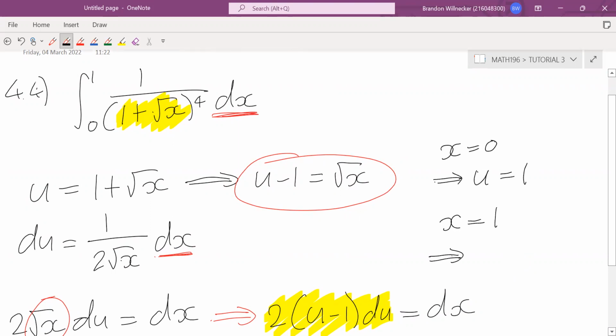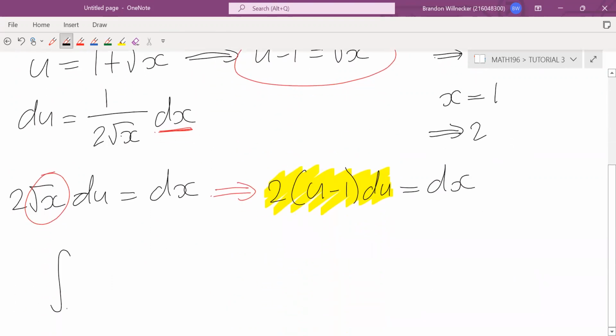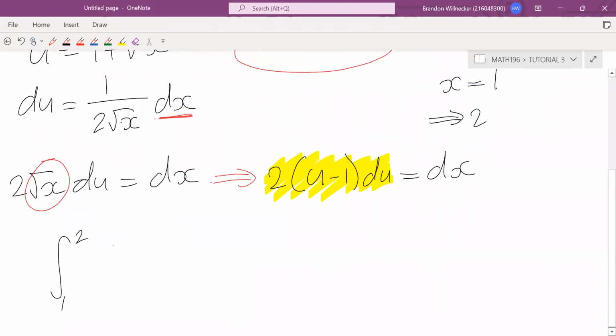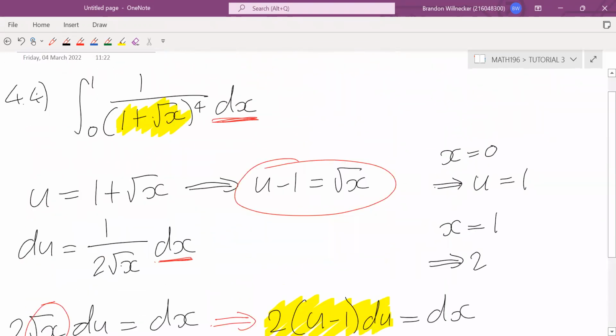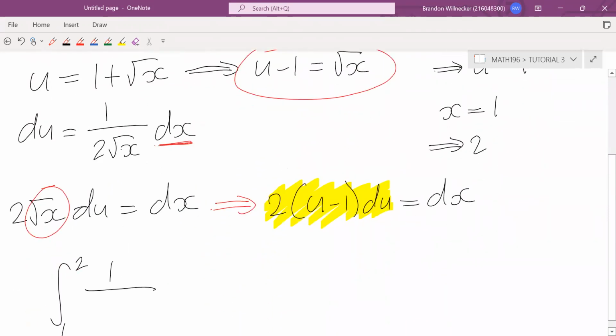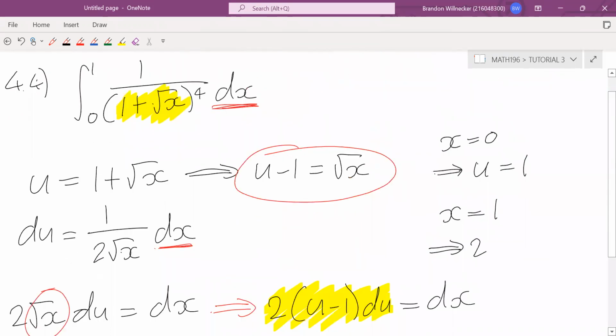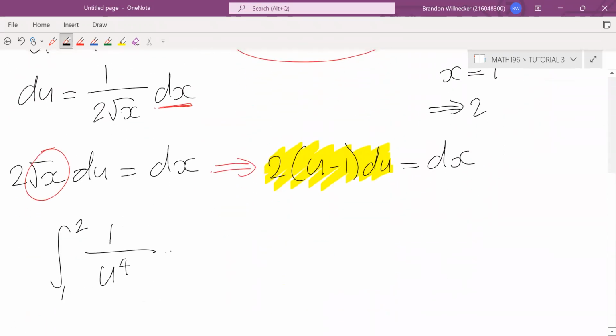So the new upper bound is 1 plus root 1, so that's 2. So we have the integral from 1 to 2 of 1 over (1 plus root x) to the 4, that gets replaced with u to the 4. dx, that gets replaced with 2(u minus 1) du.